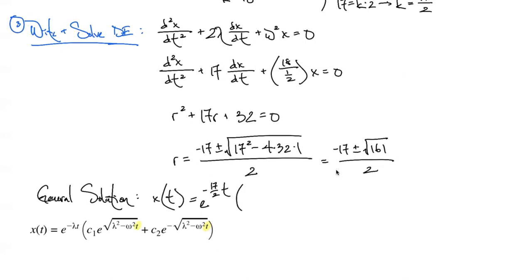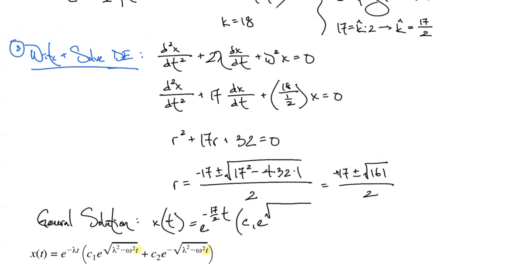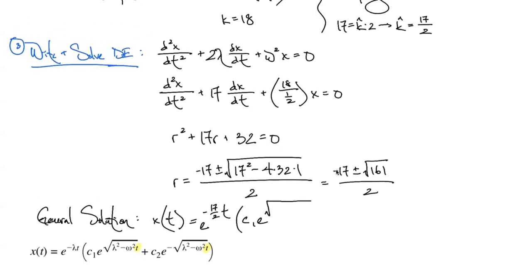And then on the inside, we can go ahead and plug in all of these values. So C1 e to the, this is going to give us a sort of gross looking situation here, and that's okay. We can just leave it as whatever values it happens to be. So 17 halves squared minus, what was our omega?